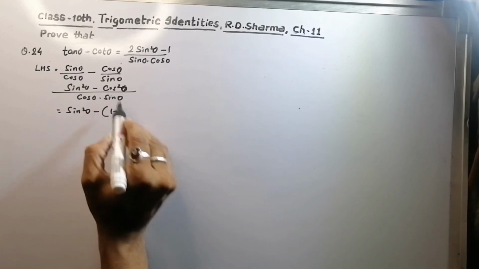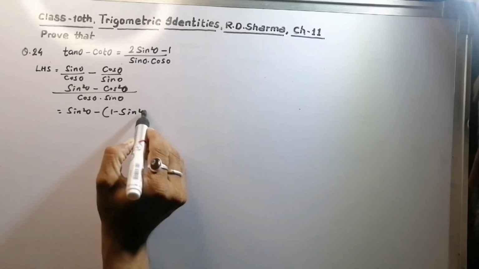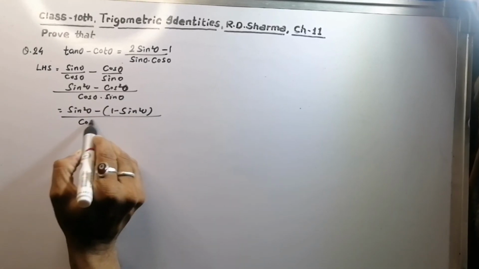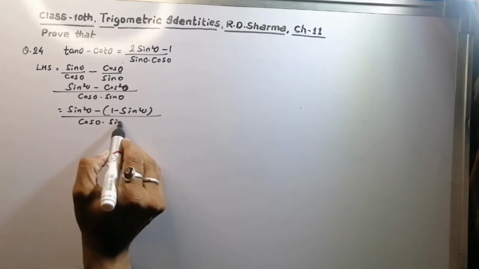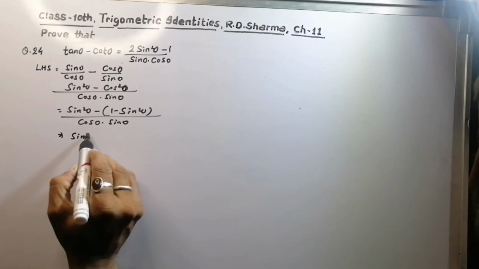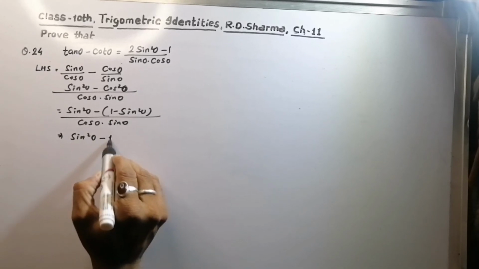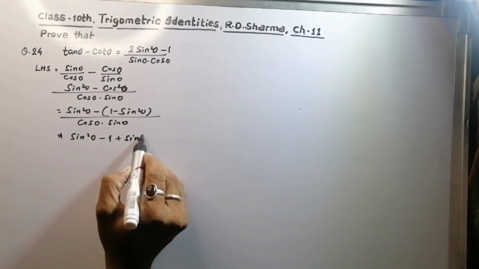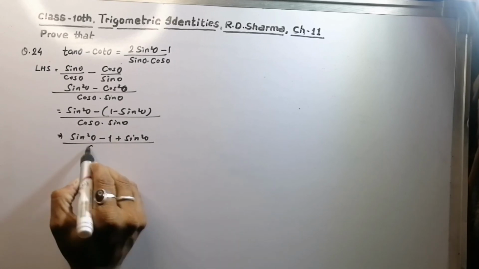Now if you take LCM, we get here sin a, and upside 1 minus sin square a. Same like that, take LCM, it is cos a, we get here 1 minus cos square a.